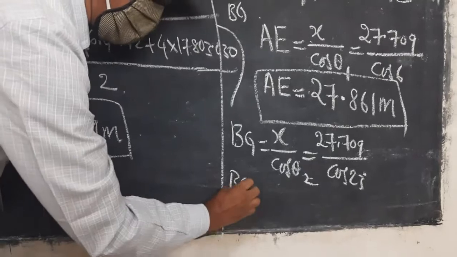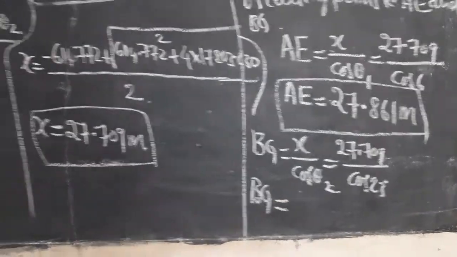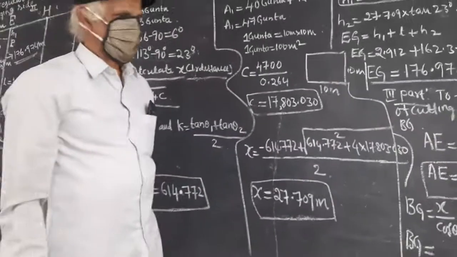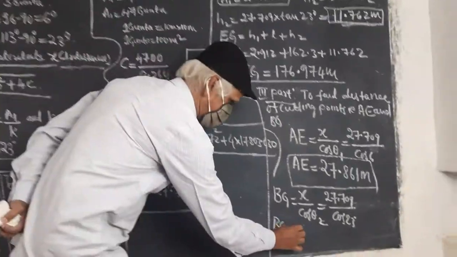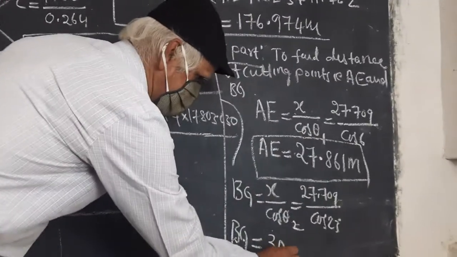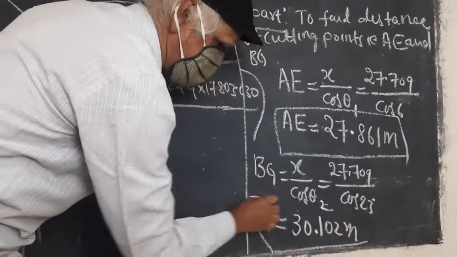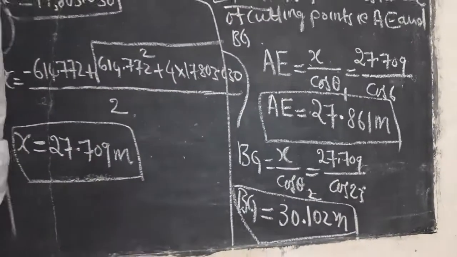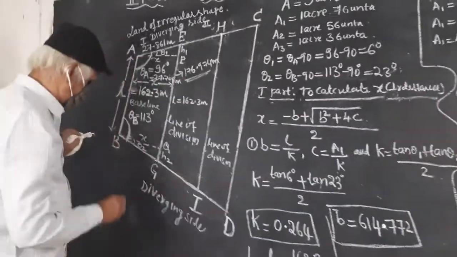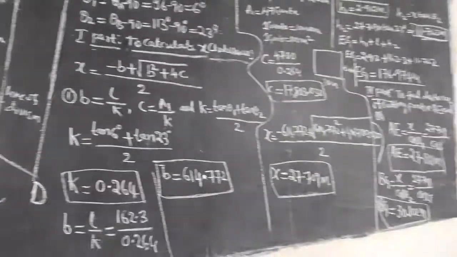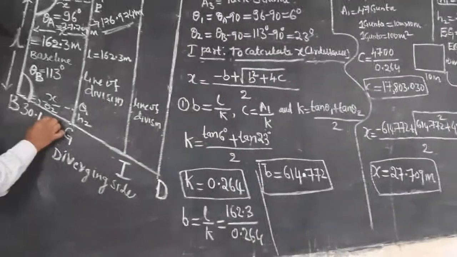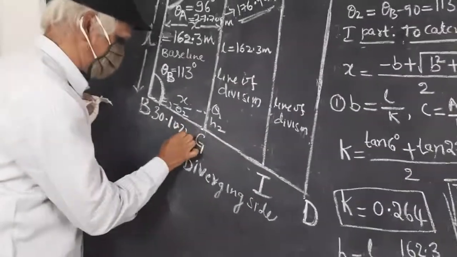So your BG on simplification will give 30.102 meter. So that is BG is equal to 30.102 meter.